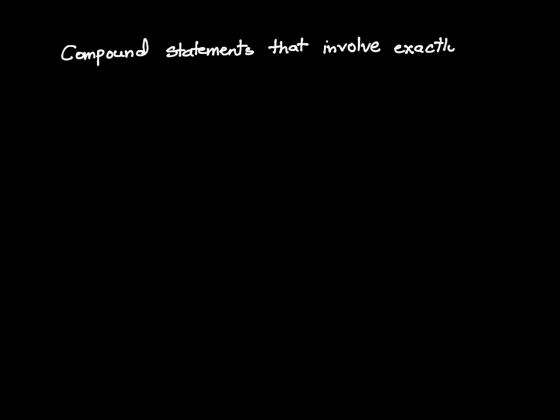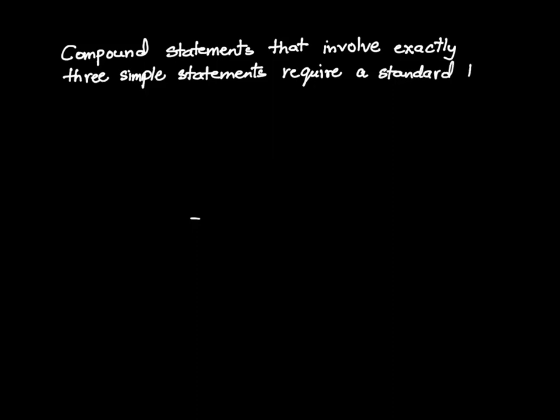So the compound statements that involve exactly three simple statements: if you have three simple statements, that will be 2 raised to the 3, so that's going to have 8 rows.